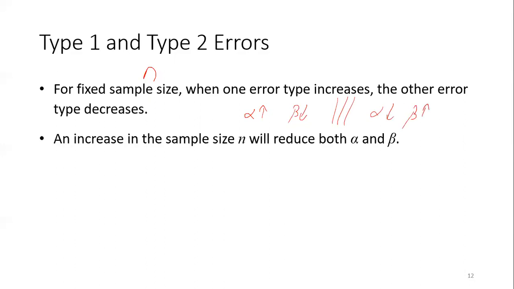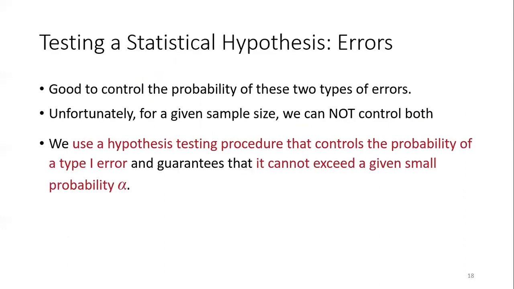If you want to decrease both of them, what you should do is increase the sample size. If you increase the sample size and keep everything constant, then both of the errors decrease. So it's good to control the probability of these two types of errors.